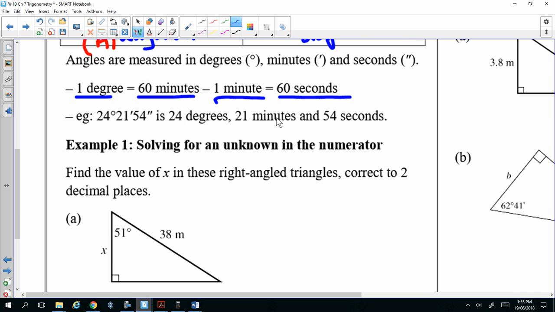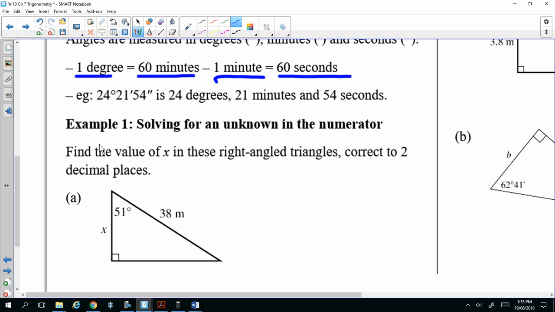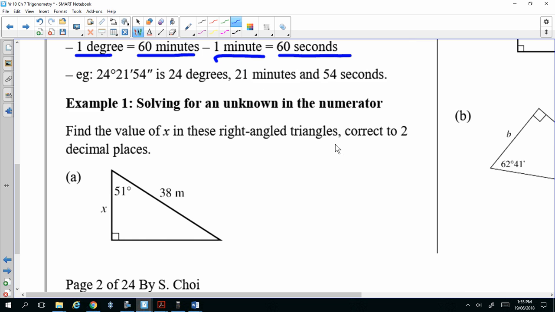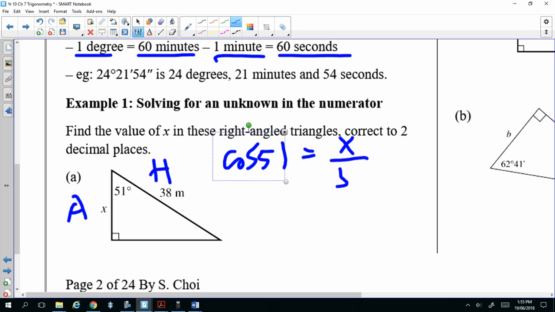Alright, let's look at solving for an unknown in the numerator. So first we label the sides as adjacent and hypotenuse. A and H is cos, SOHCAHTOA. So we use cos 51 is adjacent over hypotenuse, and the hypotenuse is 38.